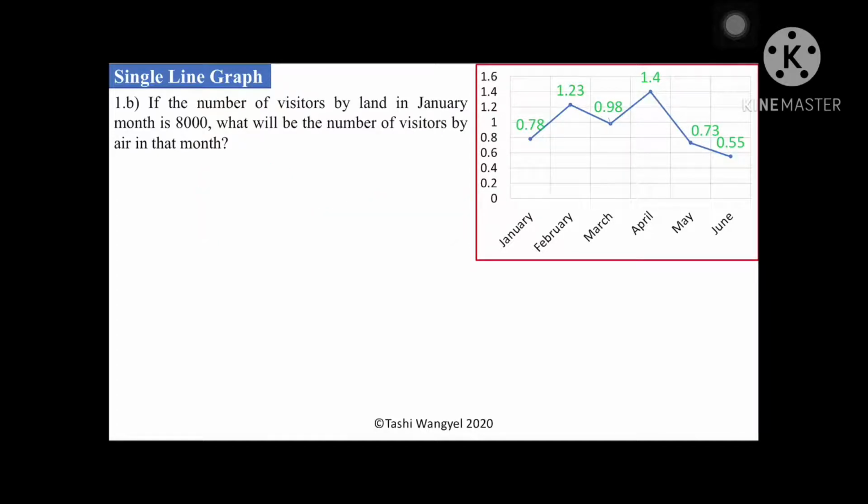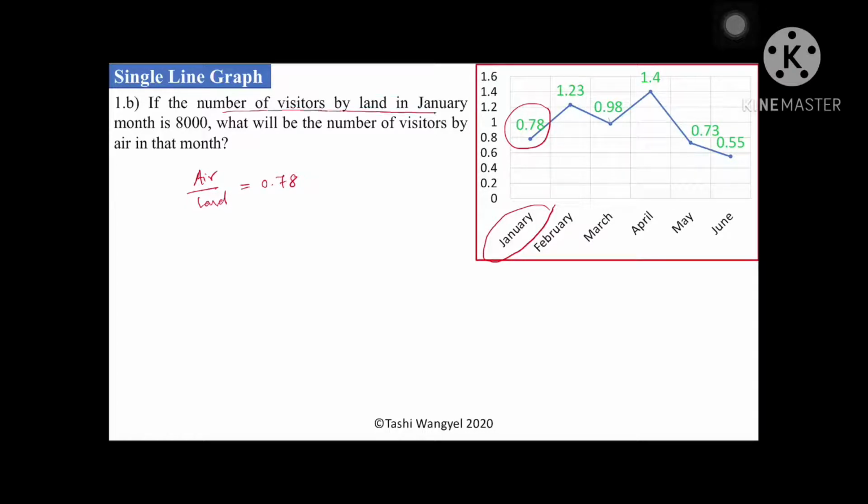Next question: if the number of visitors by land in January month is 8,000, what will be the number of visitors by air in that month? In January the ratio is 0.78, that is number of visitors by air to number of visitors by land.